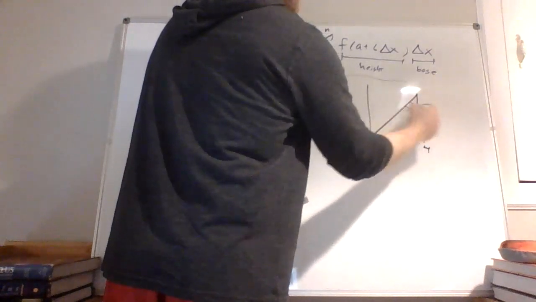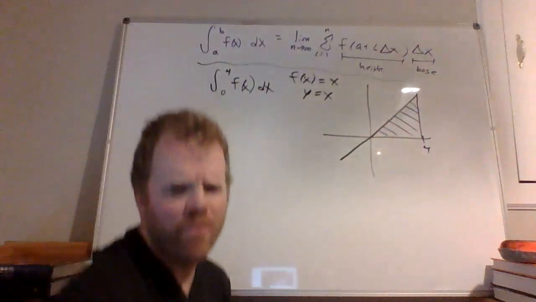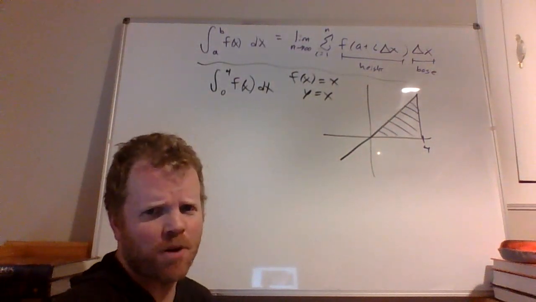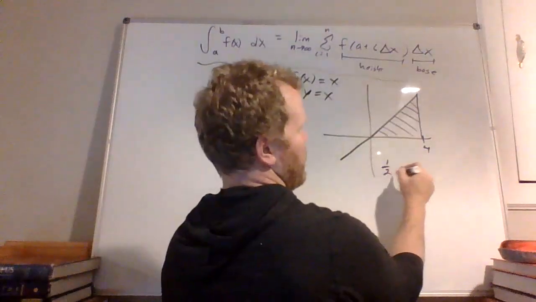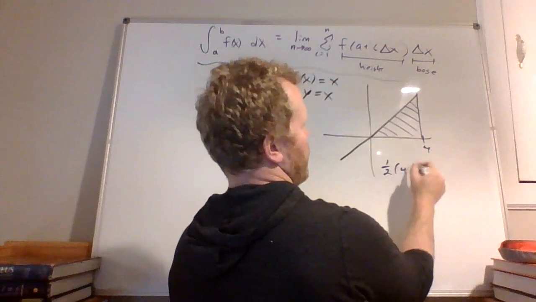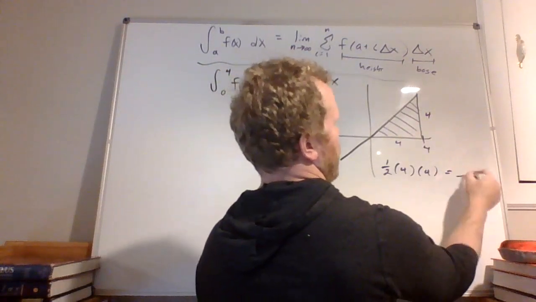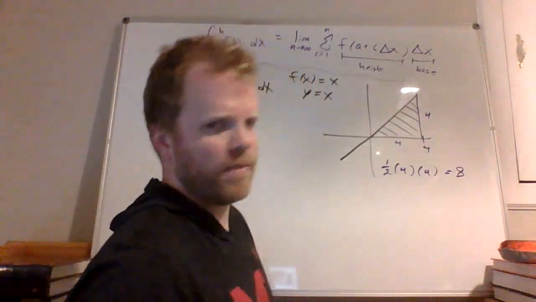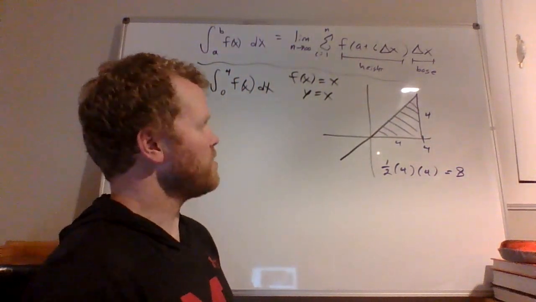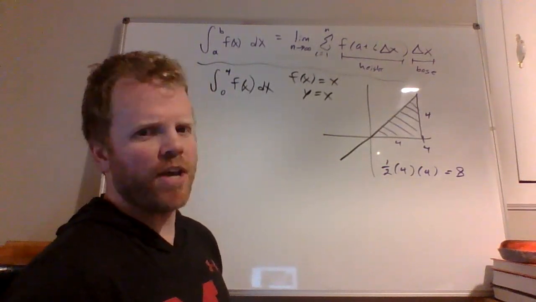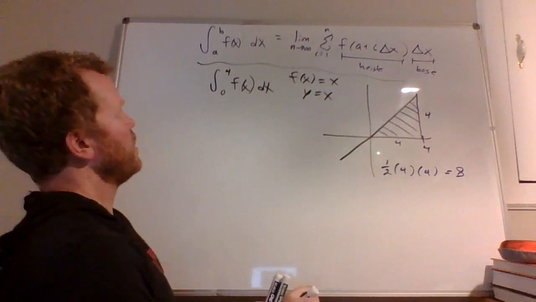So in essence, we're trying to find the area of this triangle, which you hopefully find to be an absurd process, because you know how to find the area of a triangle. It's just 1/2 base, which is 4, times height, which is 4. I bet we get 8. But this weirder, more complex definition is really only good to see if we actually get 8 here. So let's see if we actually get 8 using our new definition.